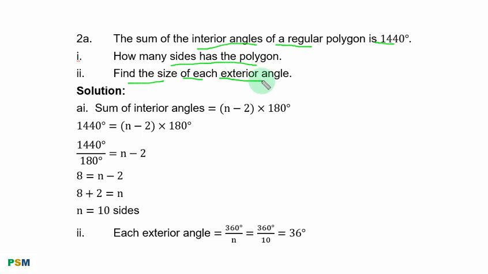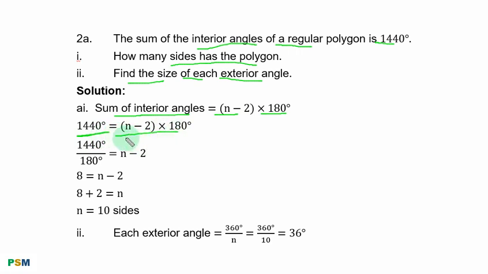Solution: Roman figure 1. Sum of interior angles is equal to n minus 2 in brackets times 180 degrees. The sum of the interior angles is given by this value. You equate it to the right hand side.